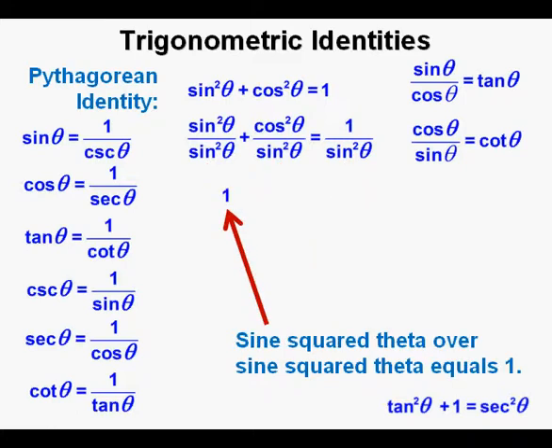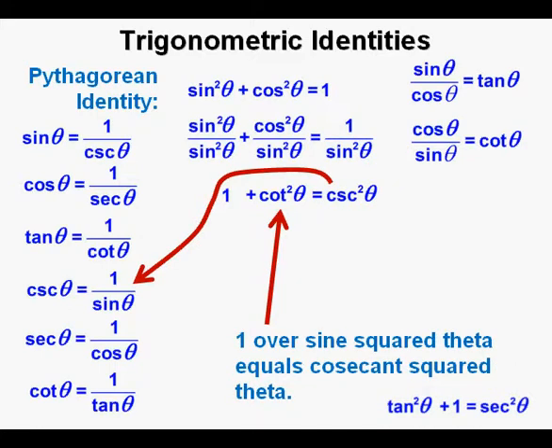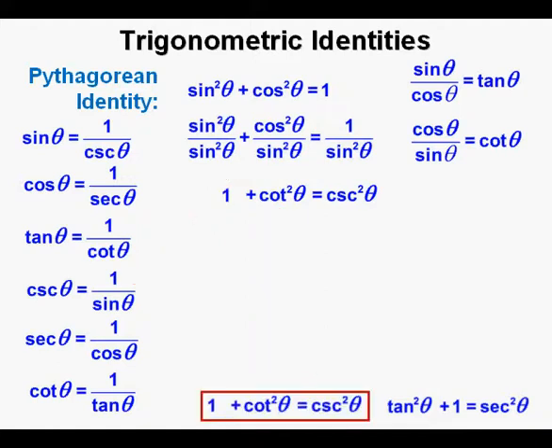And since cosine theta over sine theta equals cotangent theta, cosine squared theta over sine squared theta equals cotangent squared theta. And since 1 over sine theta is cosecant theta, 1 over sine squared theta equals cosecant squared theta. So we have our newly created identity, 1 plus cotangent squared theta equals cosecant squared theta.